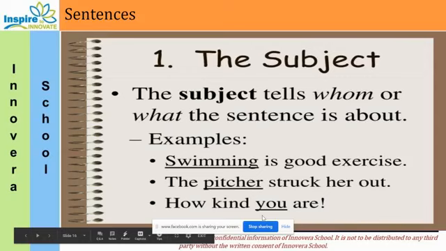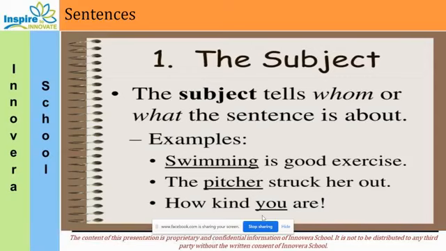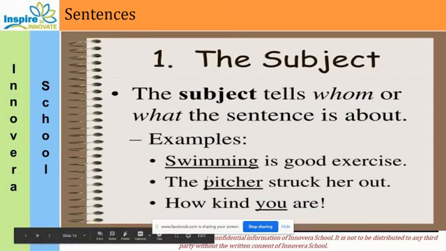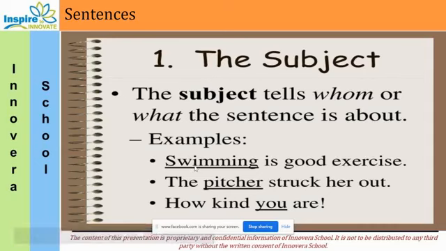Whenever you need to find out a subject, you need to understand whom we are talking about, or what the sentence is explaining about. So whenever you need to identify a subject, you need to find these two answers, whom or what. In the first sentence, good exercise is what? Swimming.